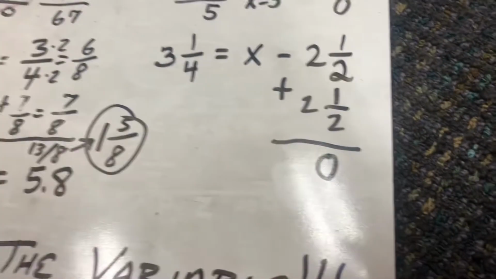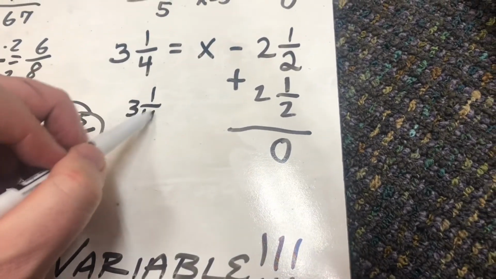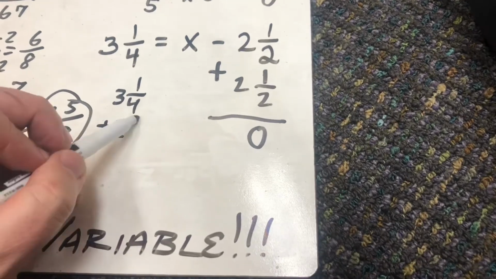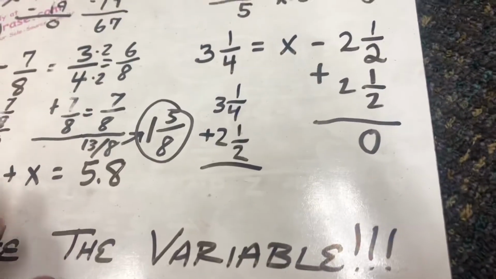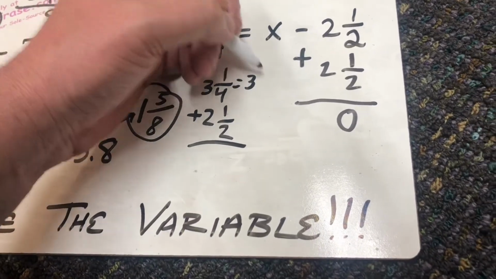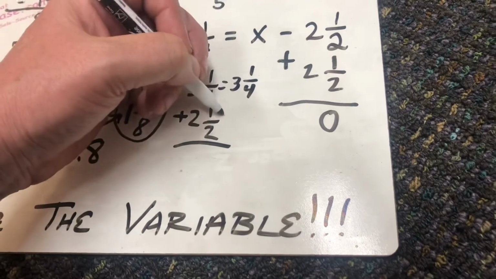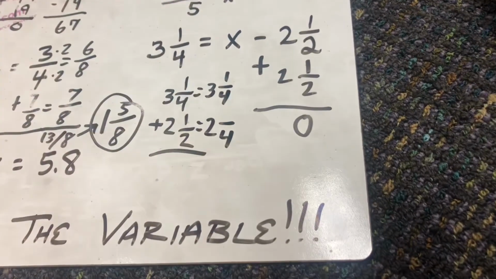So I'm going to come over here, and I'm going to have 3 and 1/4 plus 2.5. Well, if I'm looking for a common denominator, I think that's going to be 4. So I think my 3 and 1/4 is just going to stay the same. This is going to become 2 and something over 4.